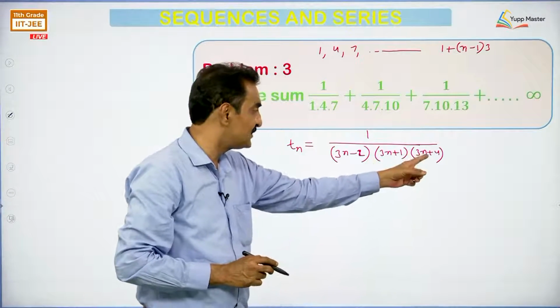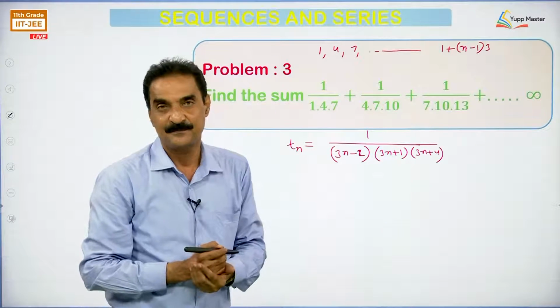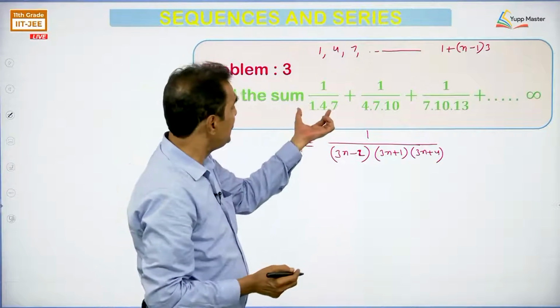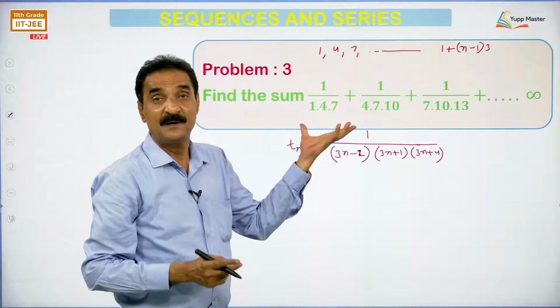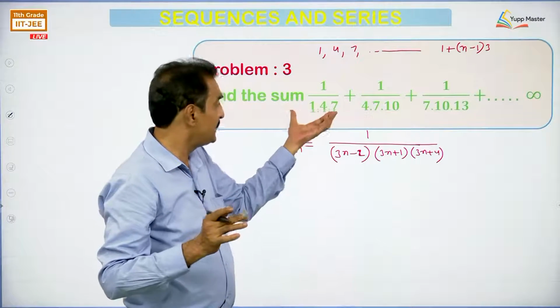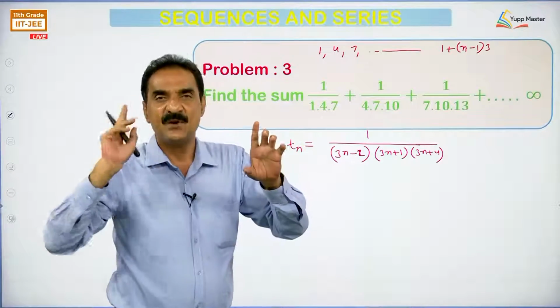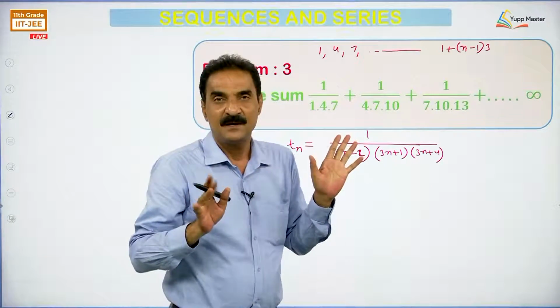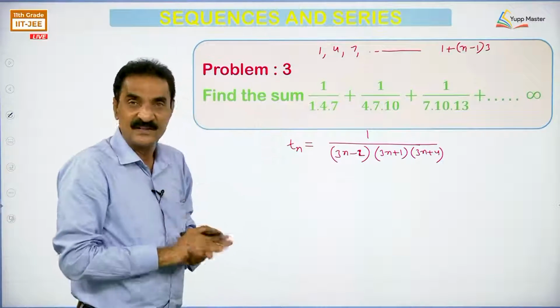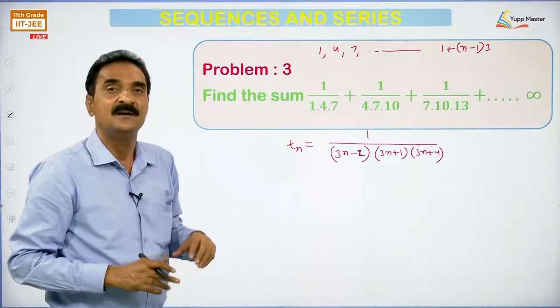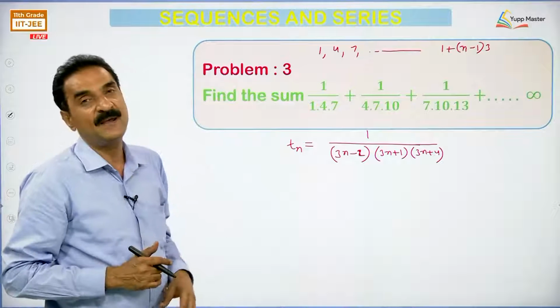In the nth term also, last factor minus first factor is 6. There can be any number of factors in the denominator, but factors must be in AP. There can be 4 factors or 5 factors, but the method is the same. Write the numerator as last factor minus first factor. But last factor minus first factor is 6. We don't have 6 in the numerator. So, we divide and multiply by 6 first.